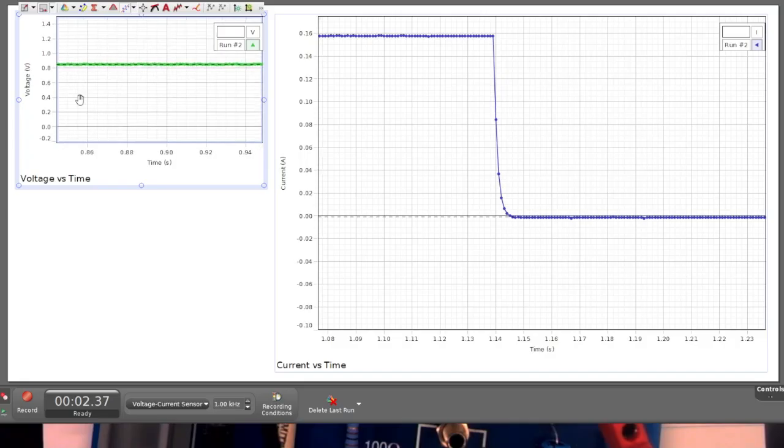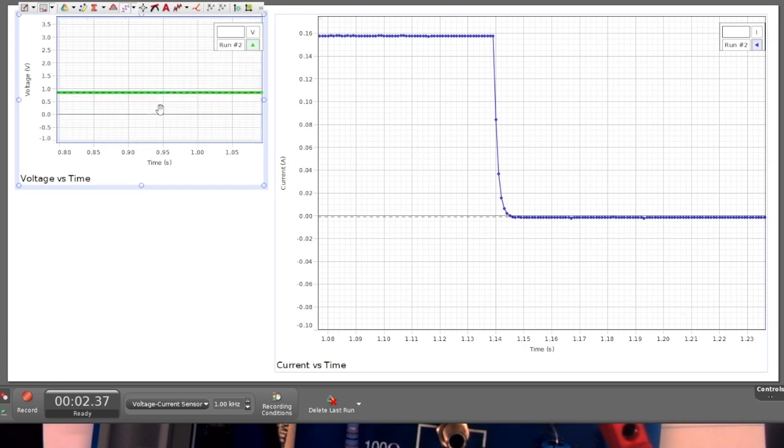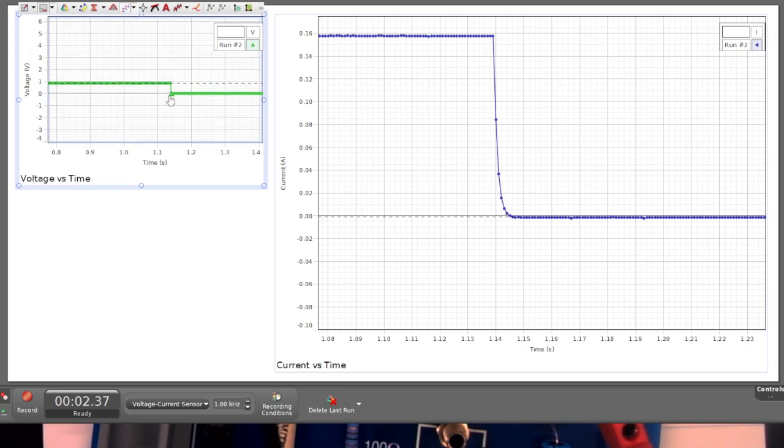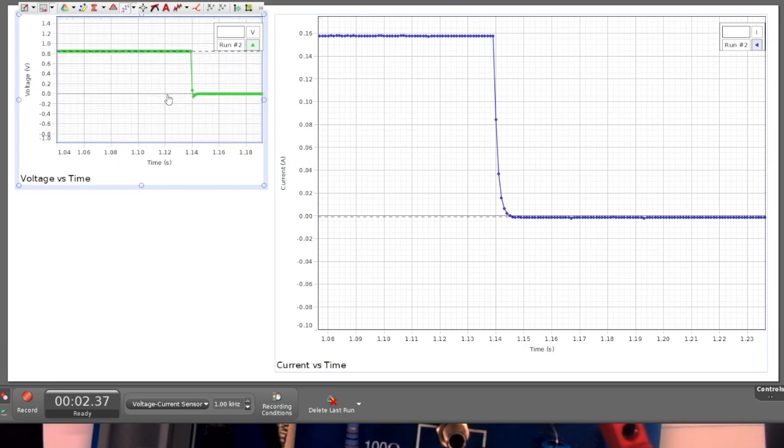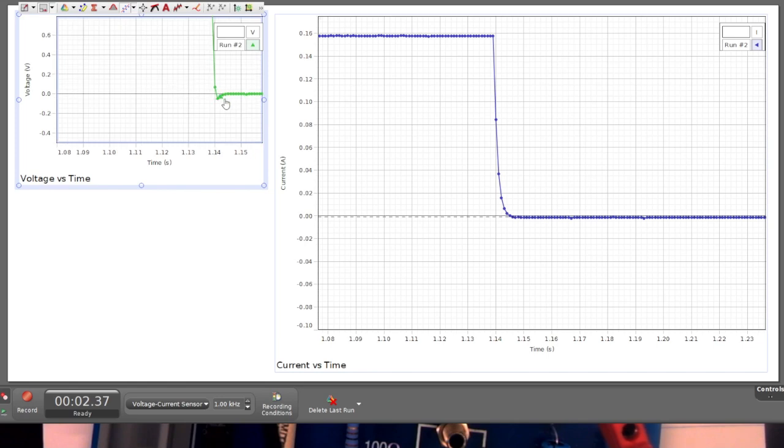And the last thing I want to point out, zoom out, is you'll notice that the voltage actually goes negative, right? It went a little extra positive when we started and a little extra negative. Well, that's from the EMF, the back EMF of the inductor itself. And so it makes sense that it goes backwards, because when we were measuring voltage, it was a positive drop, right?